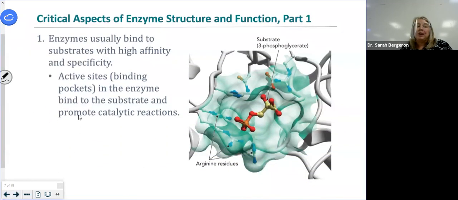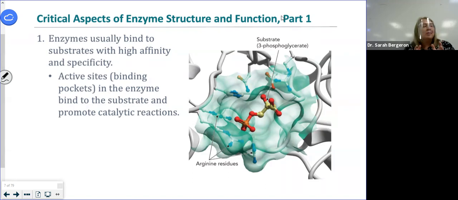If we look at an enzymatic pocket, this is a different enzyme. This is phosphoglycerate kinase. The substrate is 3-phosphoglycerate, and it's going to phosphorylate it. What we see here highlighted is the enzymatic pocket, and it's going to do a couple of different things that promote binding and catalytic activity.